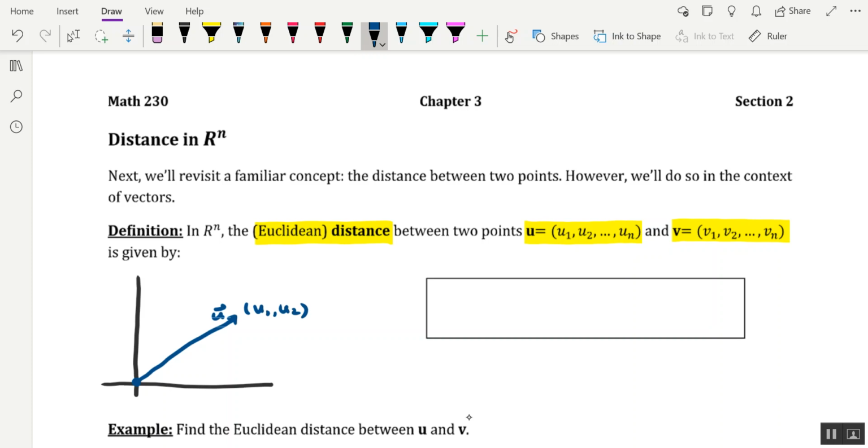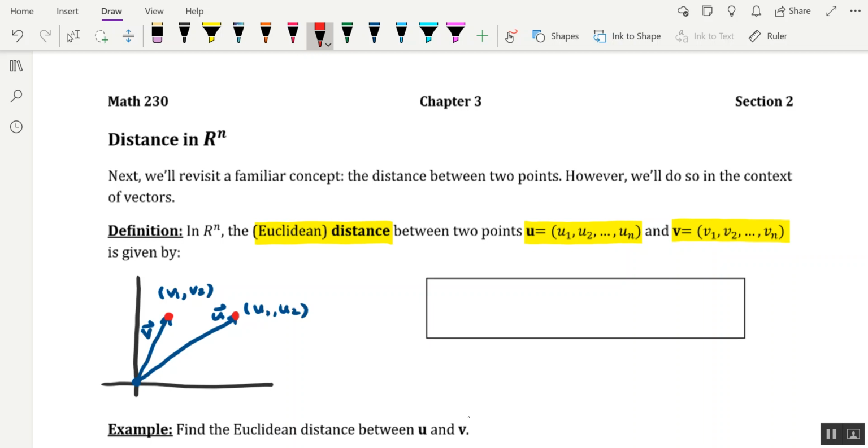And I'm also going to attach a vector v to the origin, which will have components and terminal point coordinates of v1, v2. So what we are looking to do is calculate essentially the distance between the terminal points of both of these vectors.